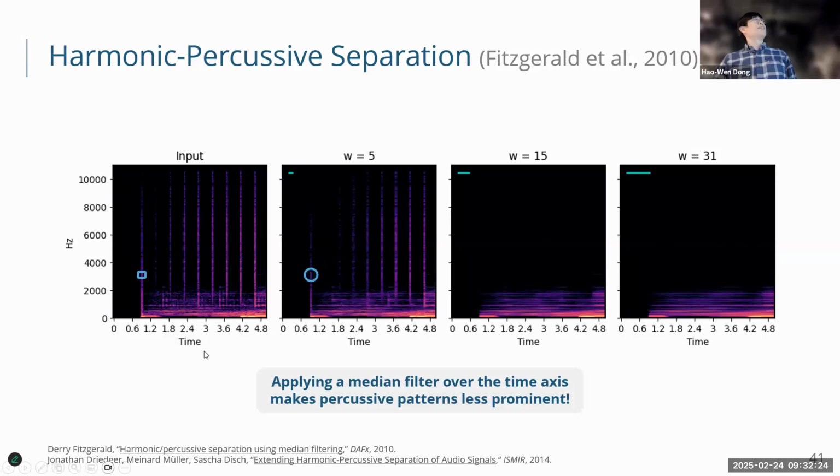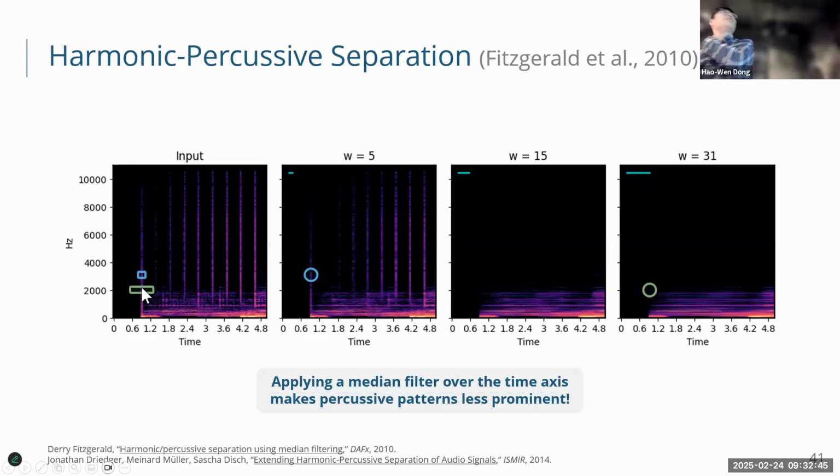Because if you apply, let me just write something. So how does it work? Did I have it? Oh yeah, I have it. So this is like W equals 5. So you have a width of 5. That is your filter. And then when you do the median filter, it still has some value.